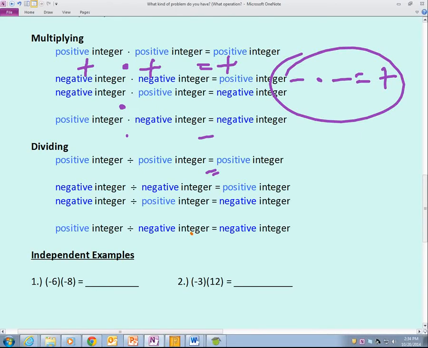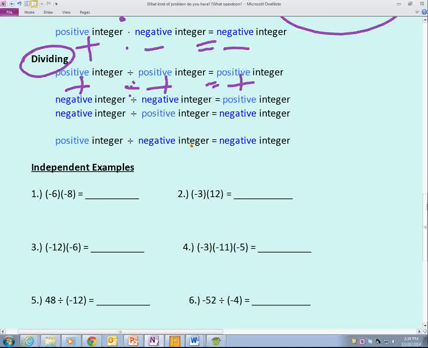Positive times a negative equals a negative. Then with division, same situation, a positive divided by a positive equals a positive. And then it just goes through there. So translate those if you need to, if you don't know it.